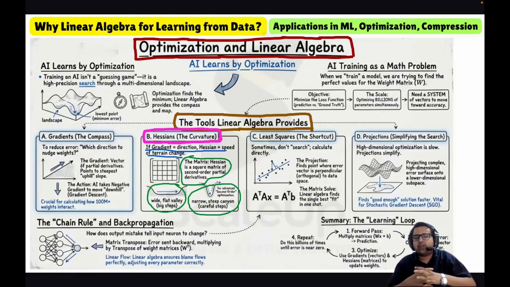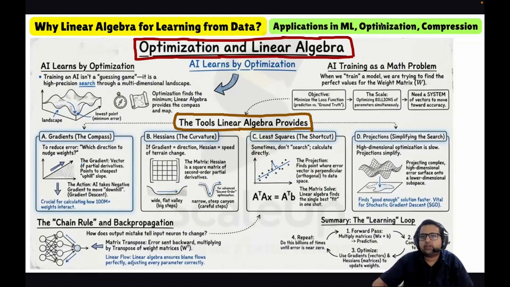If the speed of terrain change is very low, then we can take big steps. But if we are getting higher values of the Hessian, the speed of terrain change is high, then we have to take small, careful steps. So the Hessian is the basis for advanced second order optimization algorithms.